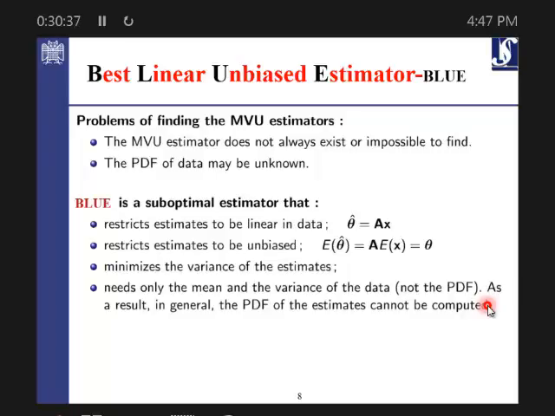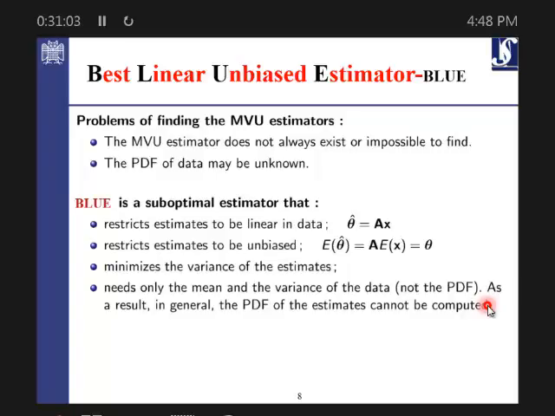Using the fact that MVUE estimators do not always exist and sometimes it is impossible to find them, and also the fact that the PDF of the data may be unknown, we come up with the idea of BLUE estimators, best linear unbiased estimators. These estimators, as the name says, are linear.